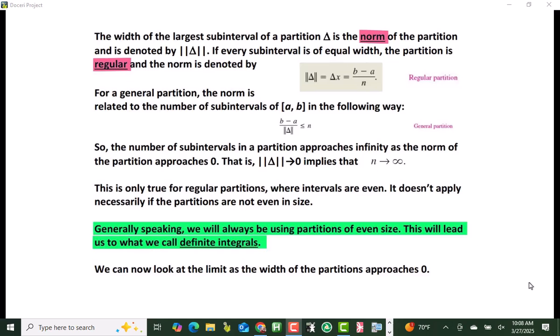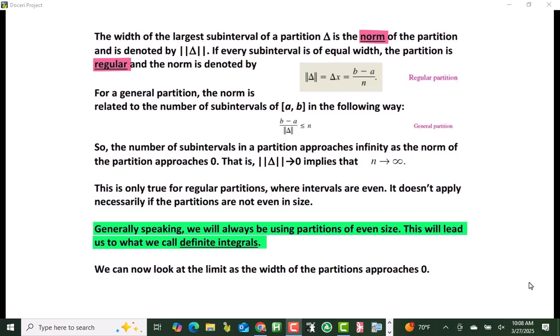And in all the calculus books I've seen, I've never seen the term norm until we get to this calculus book. And it's going to translate pretty quick into something we do realize in approaching infinity. Now, this is talking about the norm we're going to see approaching zero. Well, that's just another way of saying approaching infinity.